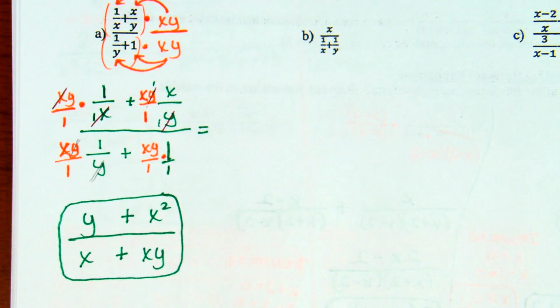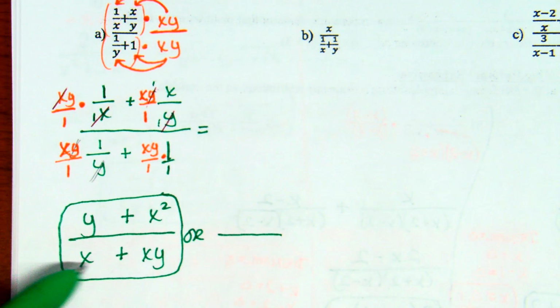What's the other option we could do here? I guess I probably should have talked about that before I boxed it. Is there any factoring that could be done? Technically, what do you notice about the denominator? They have a what in common? An x.